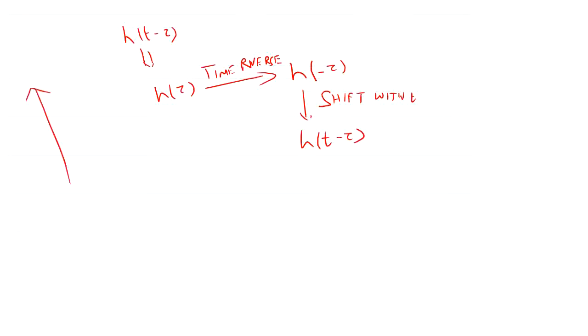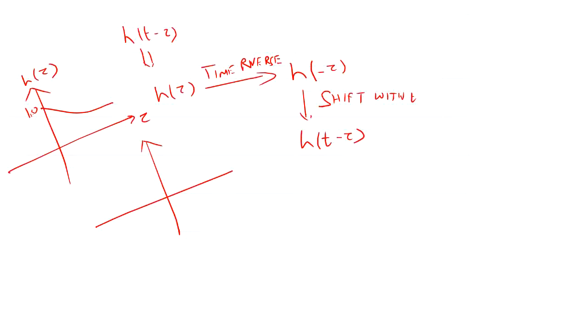So h(tau) is our decaying exponential, with value 1 at the origin. Now what is h(minus tau)? It is just the mirror image, reflected about the origin. This is h(minus tau).